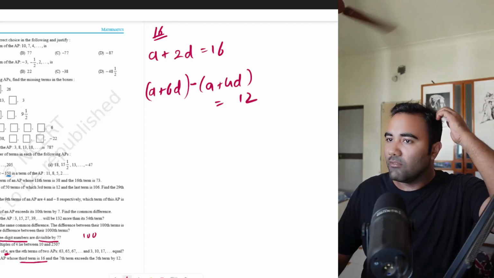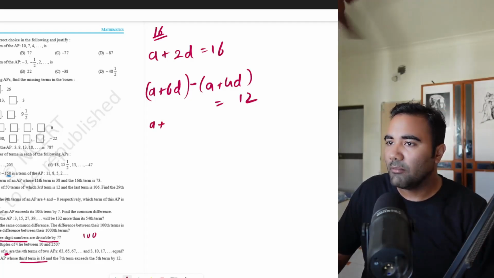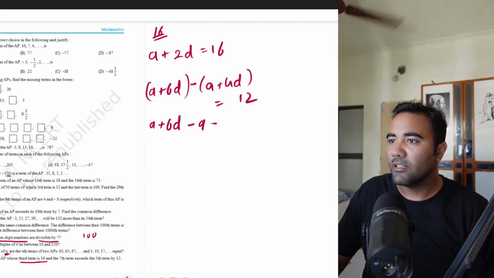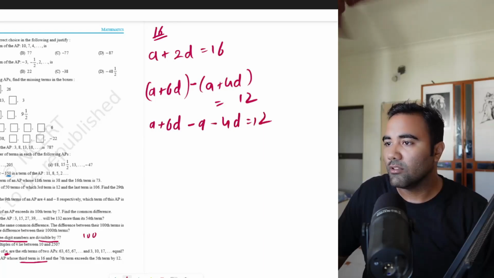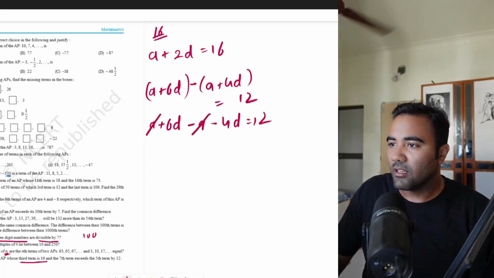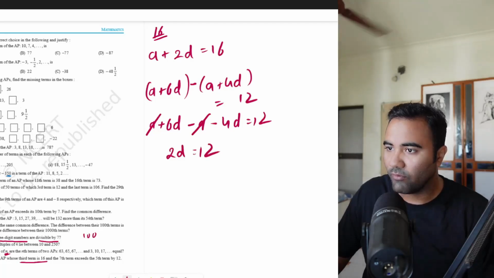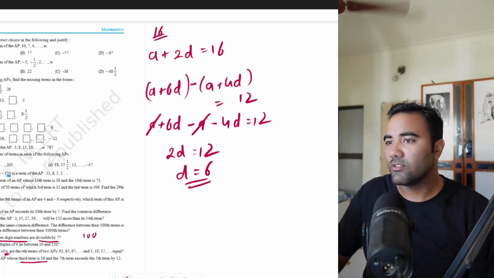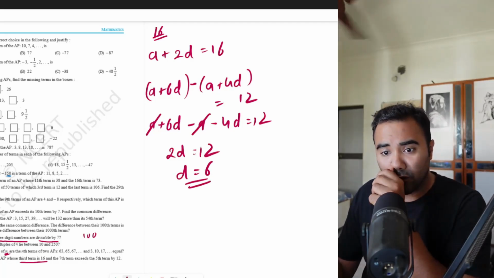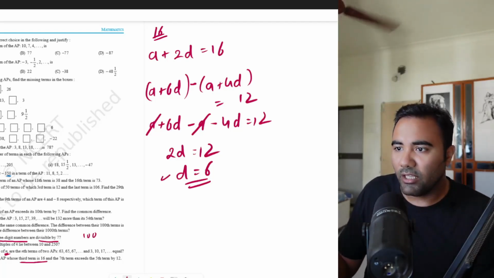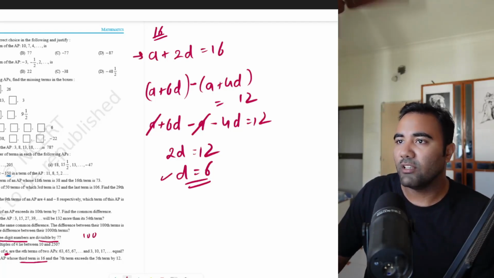Simply just solve this equation. A plus 6d minus a minus 4d is equal to 12. A is cut. 6 minus 4 is 2d, equal to 12. So d is equal to 6. We know d, so we put d over here and we get a.